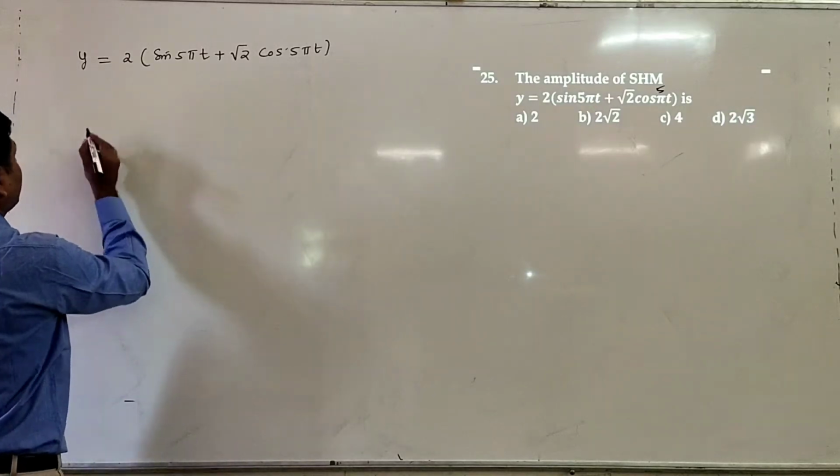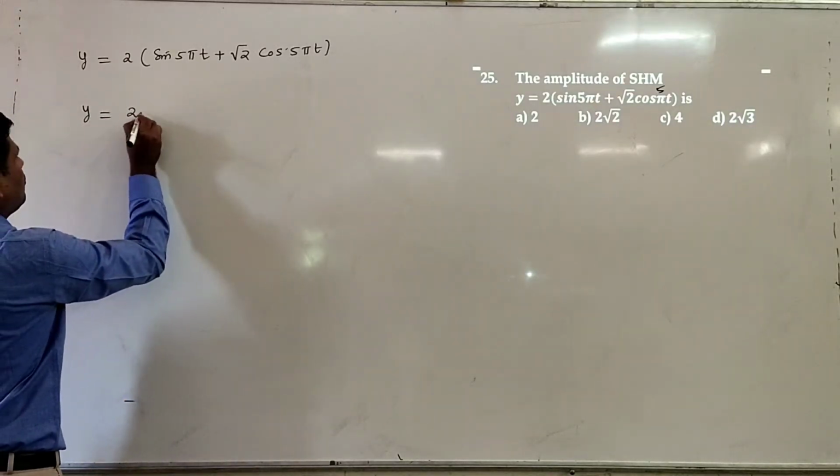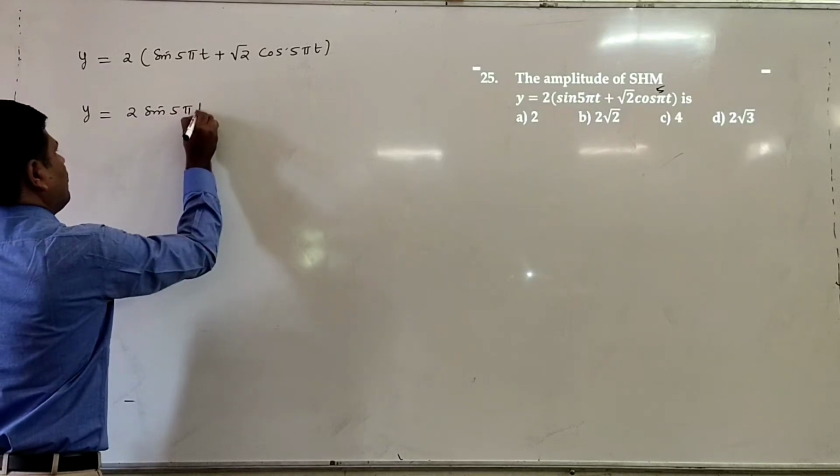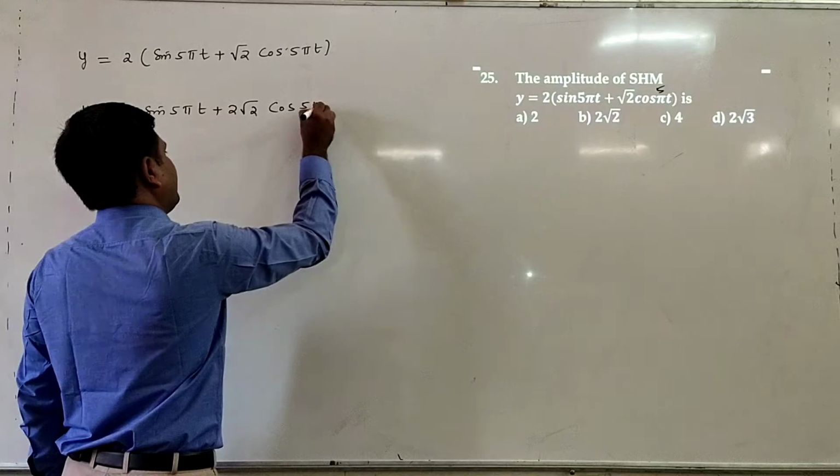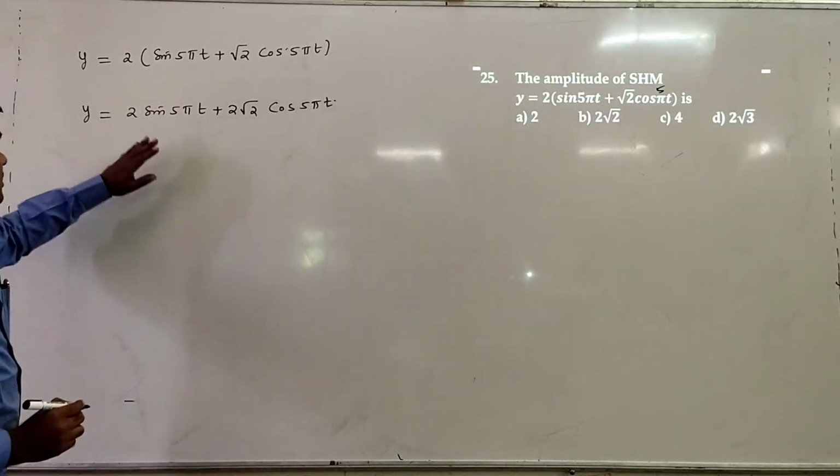We are writing this as y is equal to 2 sin 5πt plus 2 root 2 cos 5πt.